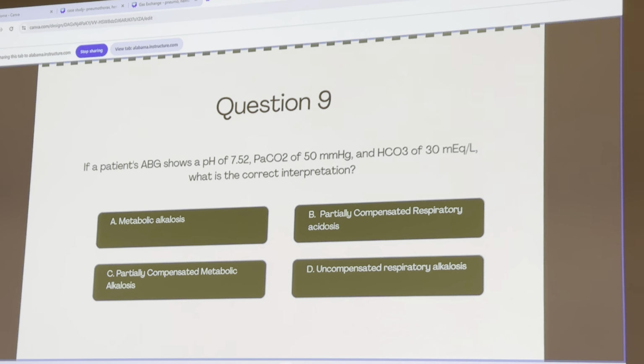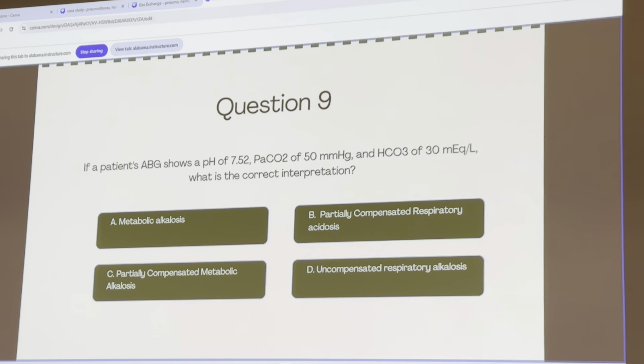All right. Now, can I have an equal pH and an equal CO2 and have respiratory anything? No. All right. Do I have an equal bicarb and an equal pH? I have a too high pH, I have a too high bicarb. So I got metabolic alkalosis.